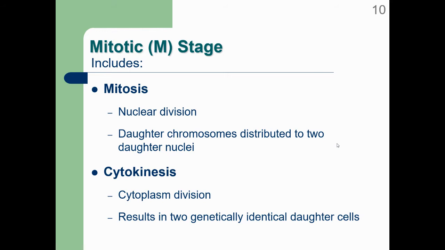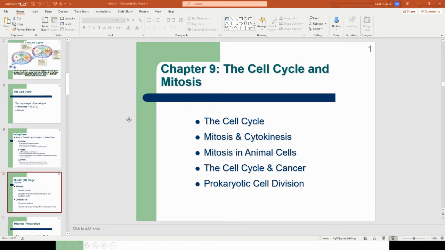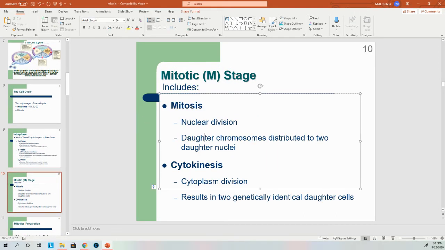The mitotic stage, mitosis itself, is nuclear division. Those sister chromatids, or daughter chromosomes, are distributed. That should be sister chromosomes. Let me change it.